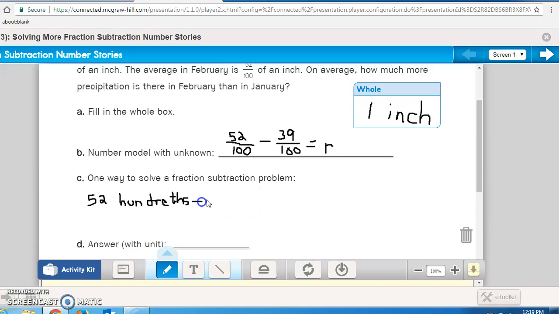Minus 39 hundredths. Equals 13 hundredths.